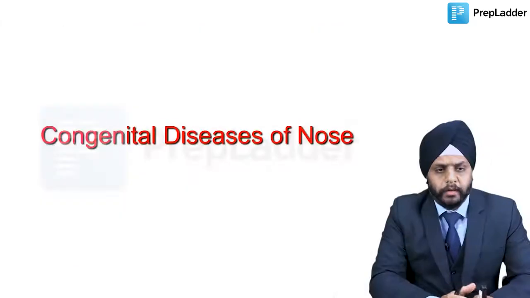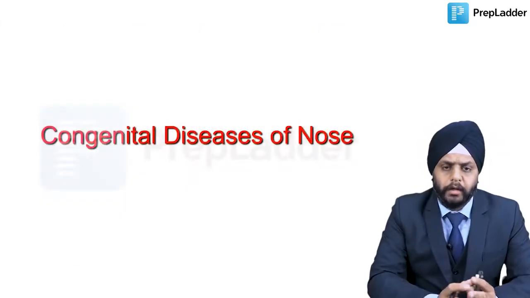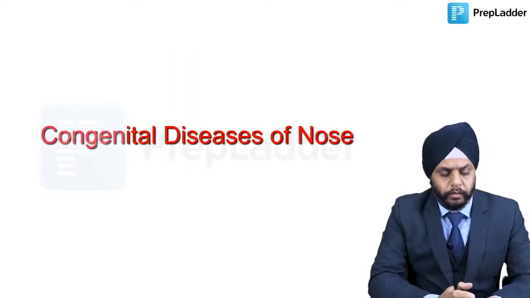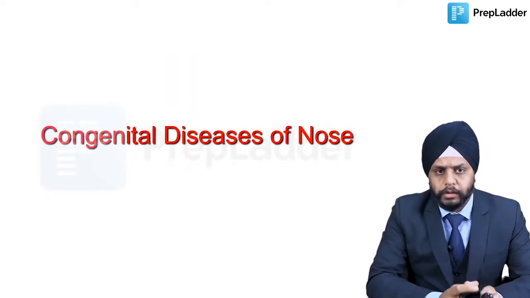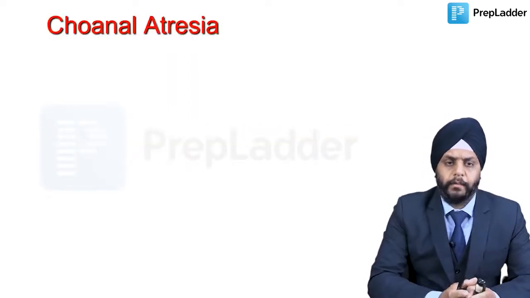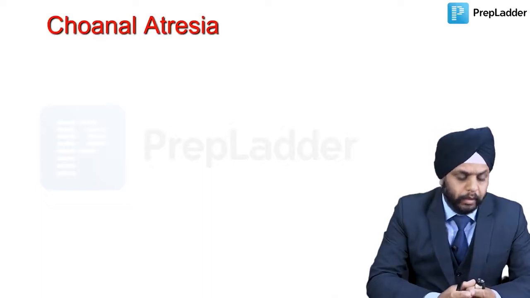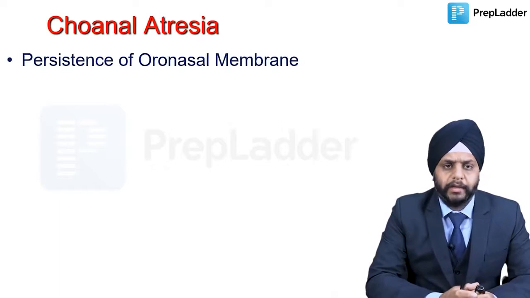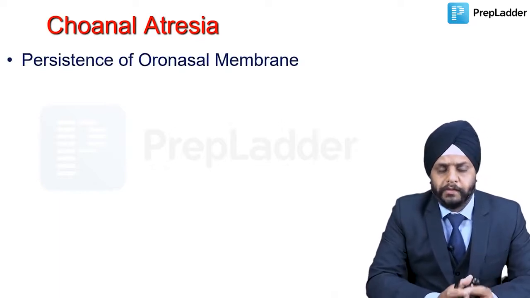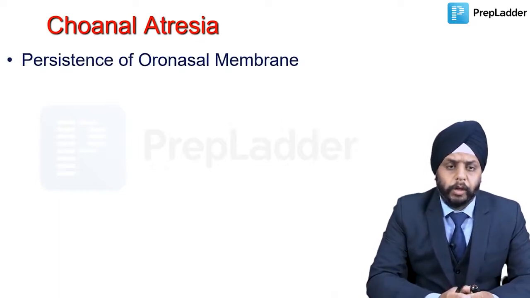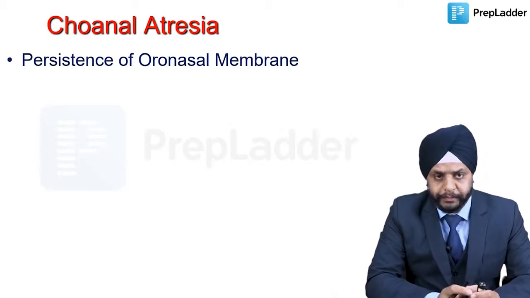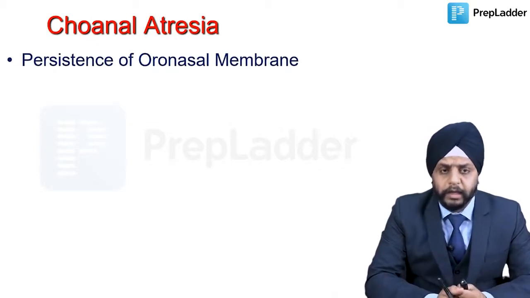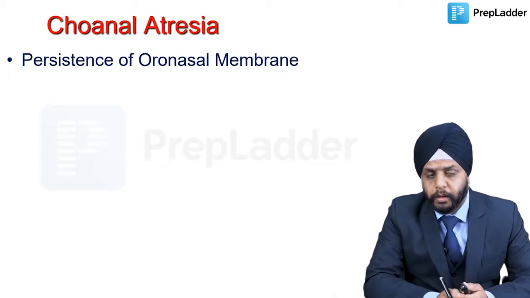Right? So let us now discuss the congenital disorders of the nose. As we talked in the last topic, let us first discuss choanal atresia. As I just told you in the embryology, choanal atresia is because of the persistence or non-breakdown of the oronasal membrane, the membrane between the primitive nasal cavity and the primitive oral cavity.